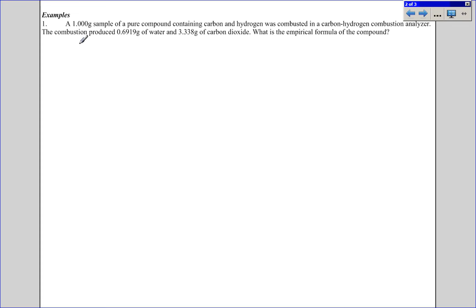So if we look at what's happened here, we started with a compound that has some amount of carbon in it and some amount of hydrogen. And we're reacting it with oxygen, and we just have excess oxygen available. So we're not concerned about the quantity of oxygen that has been reacted.